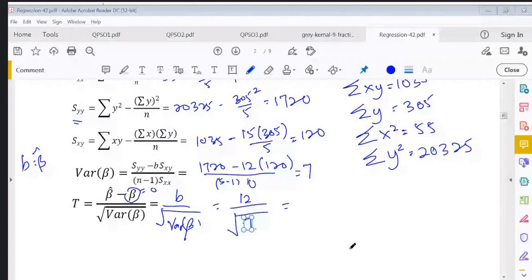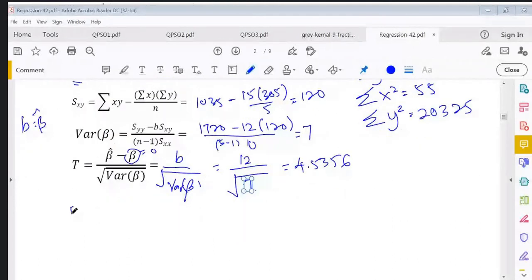So we can get the value of T is 4.5, okay, T is 4.5356.